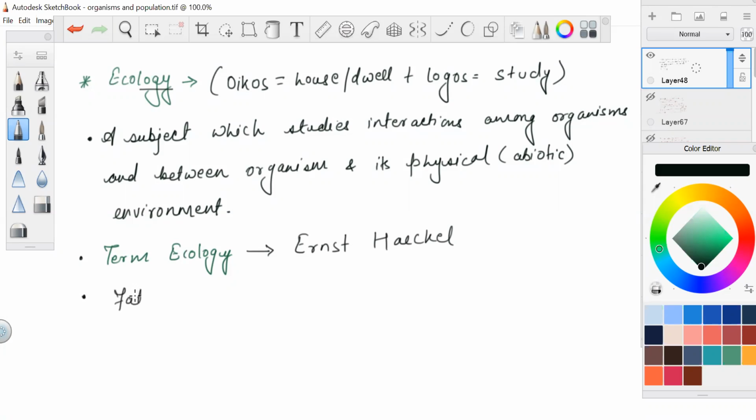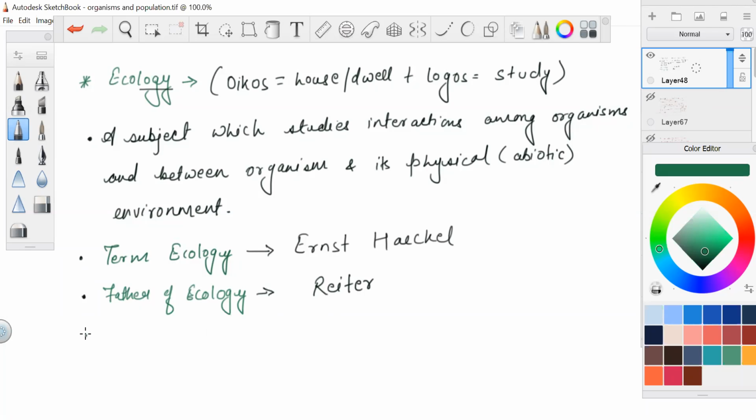Then father of ecology, Ritter. He is known as father of ecology. The term was given by Haeckel.